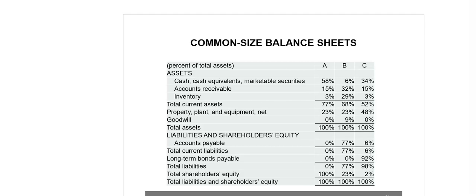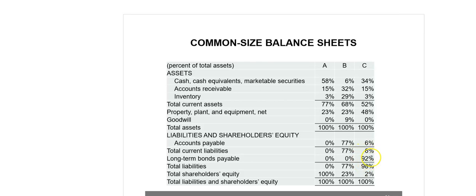For company C, we see only 2% of the assets are financed through equity and 98% are financed through short-term and long-term liabilities. This means that company C has the highest solvency risk, that is, it has the highest financial risk and will be considered low on solvency measures.